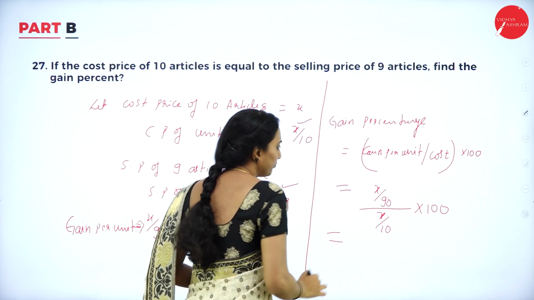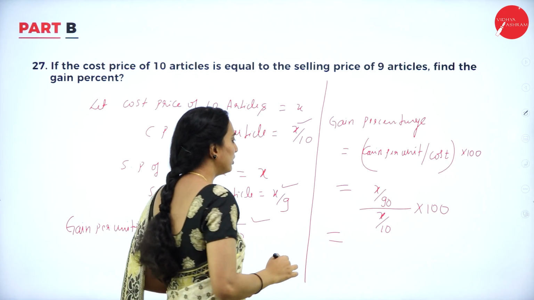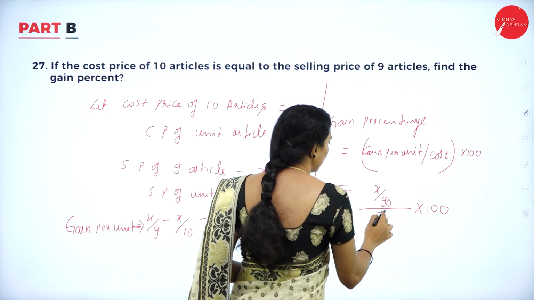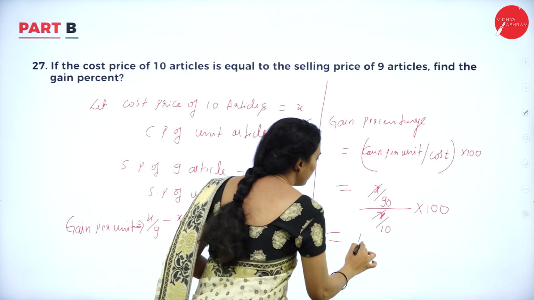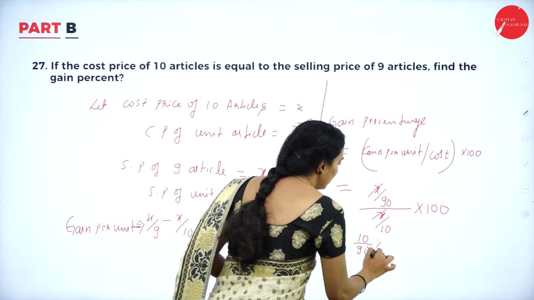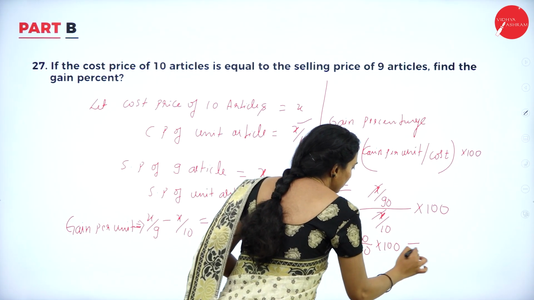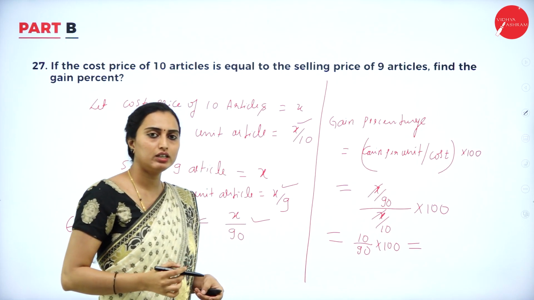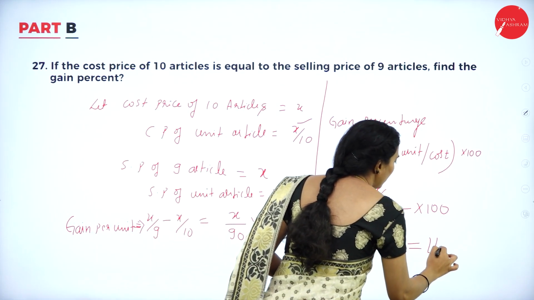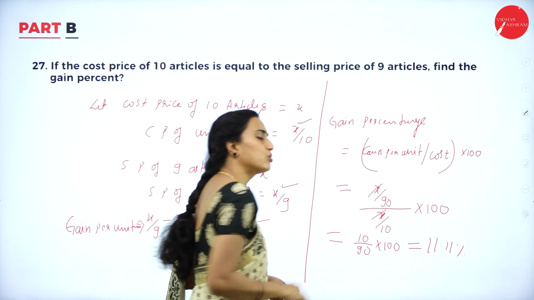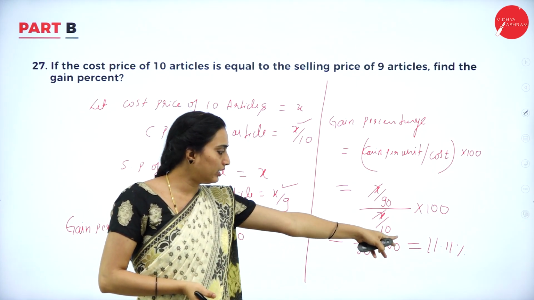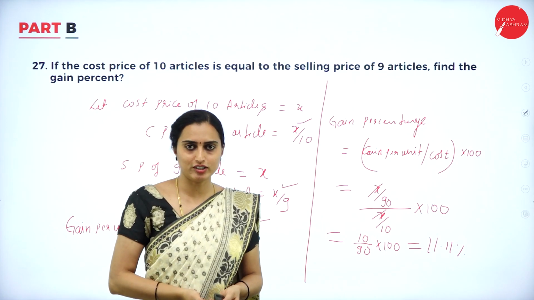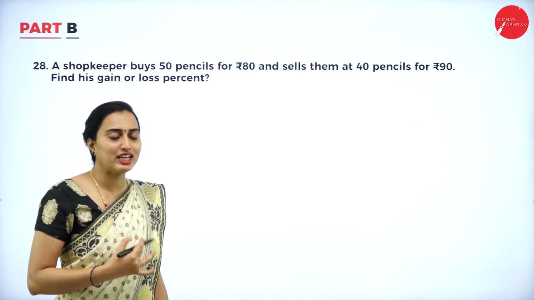Now here x will get cancelled, correct? So 90 will come to the denominator, so 10 by 90 into 100. So the final answer you are going to get is 11.11% after solving this in a calculator. Okay, so writing that answer will be one mark. Got? So dears, we'll move on to the next problem.